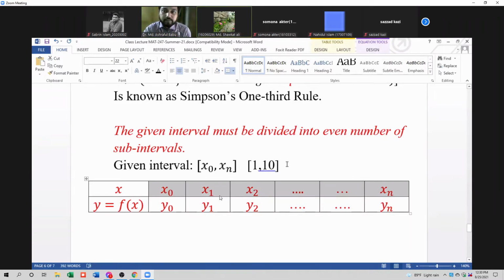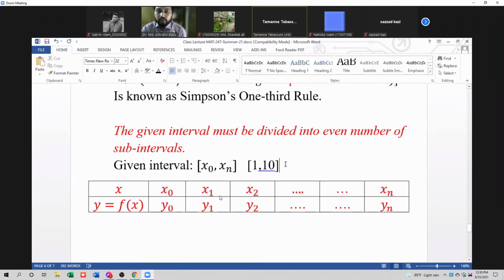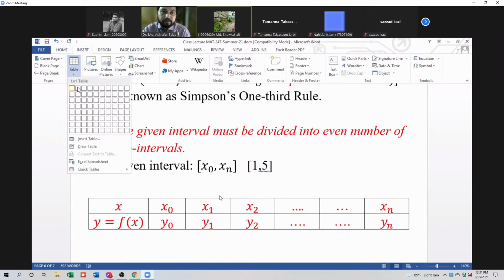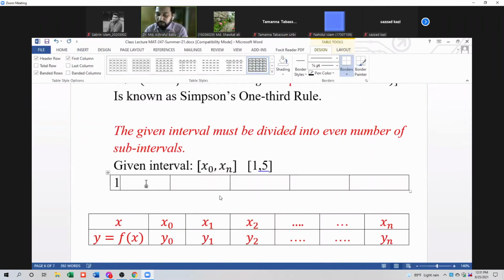Yes, sir. Sir, can you repeat? So make an interval for 1 to 5. If you make an interval for 5, it should be 1, 2, 3, 4, 5.